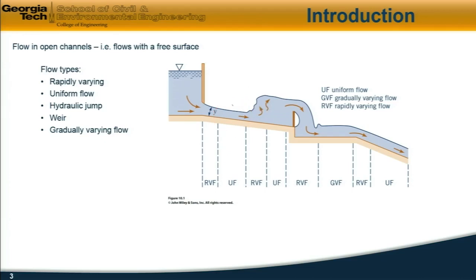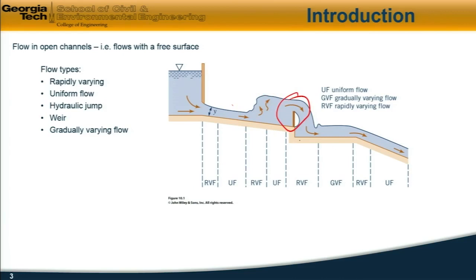We may have another type of rapidly varying flow called a hydraulic jump, wherein the water surface suddenly raises and flows downstream at a lower velocity. This can be followed by another region of uniform flow, and then possibly flow over a sluice gate, which is again a type of rapidly varying flow.